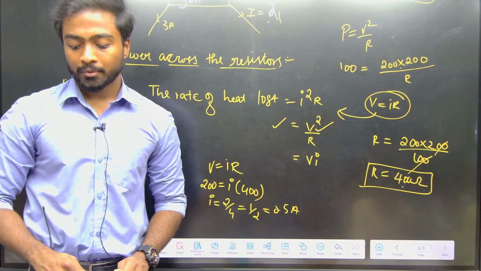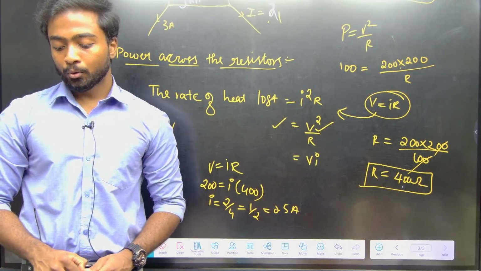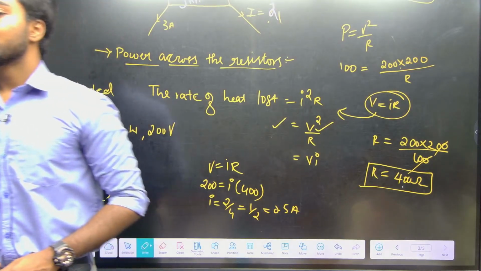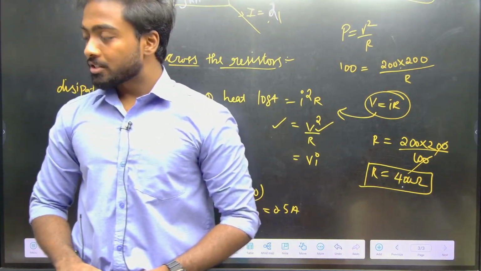The first point: same I flows through each resistor, which means the same current flows through each resistor.